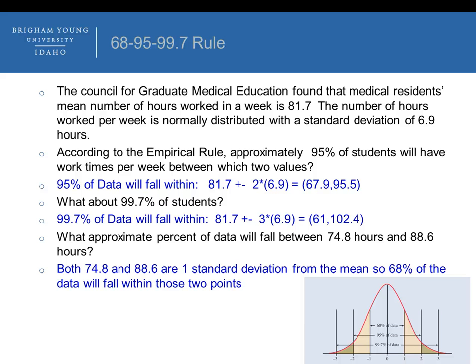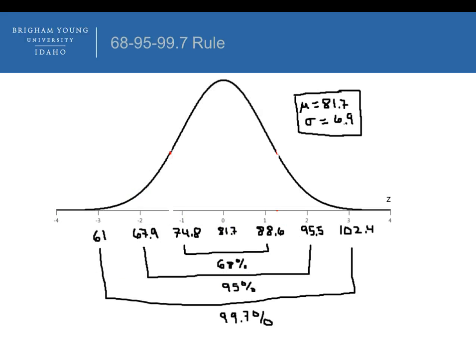Okay. Now, like I mentioned in the previous recording, I would recommend drawing this up, where you write down the mean in the center, and then you add 1, 2, and 3 standard deviations away from the mean on the right side, and subtract 1, 2, and 3 standard deviations away from the mean on the left side, so that you have a good idea of what's going on.